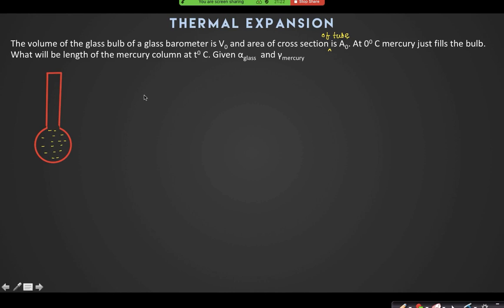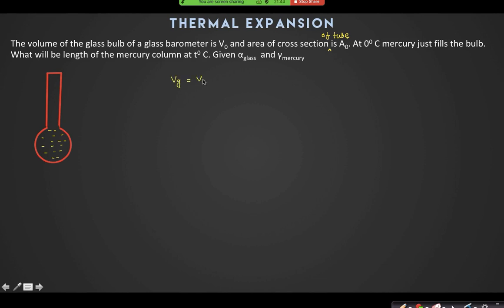Look, if the initial volume of the bulb is V0 and of mercury is V0, after the temperature rise, glass and mercury will expand differently, right? So what is the volume of the glass?